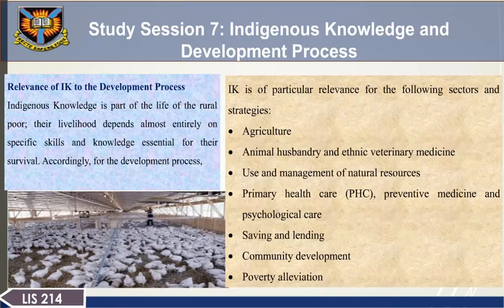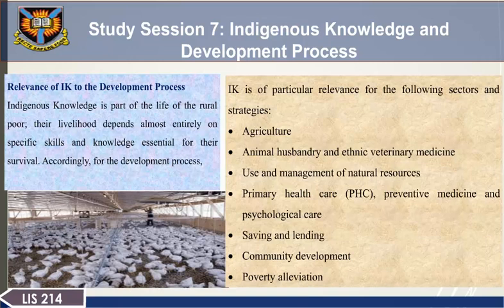Relevance of IK to the development process. Indigenous knowledge is part of the life of the rural poor. Their livelihood depends almost entirely on specific skills and knowledge essential for their survival.